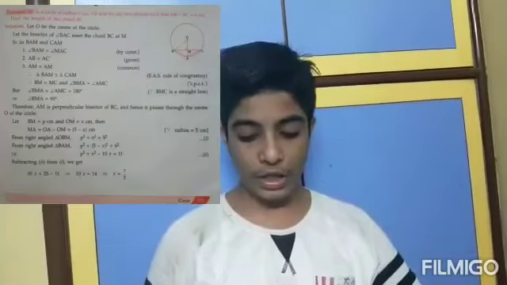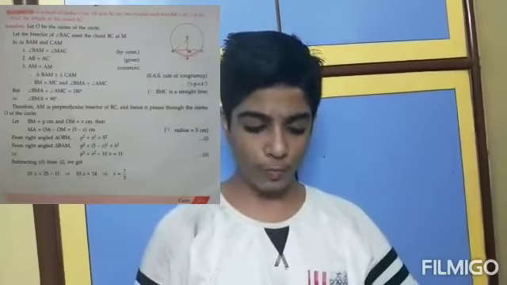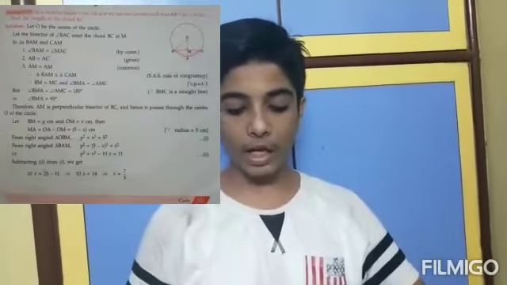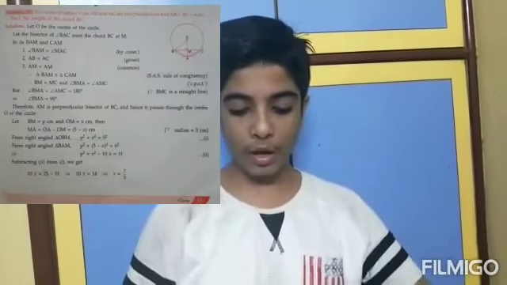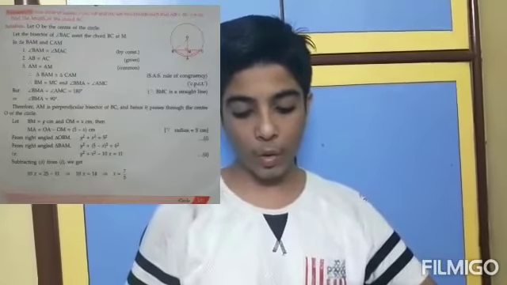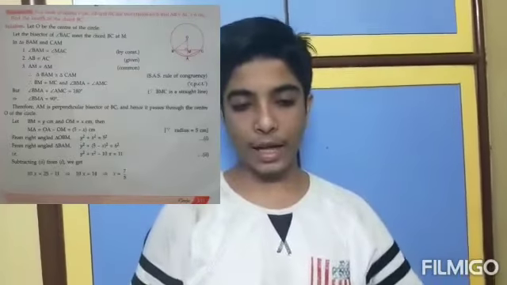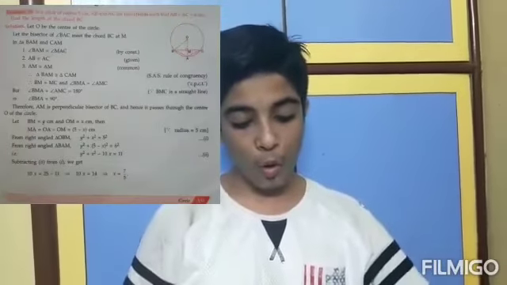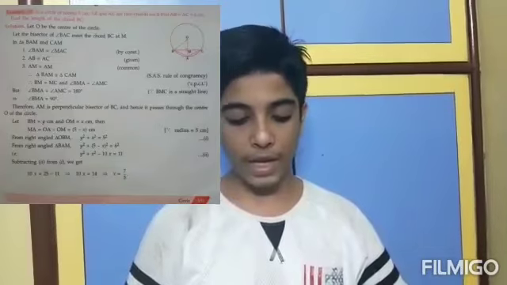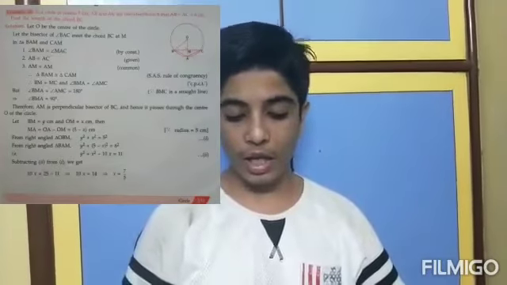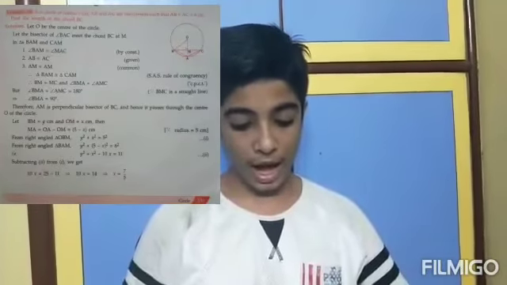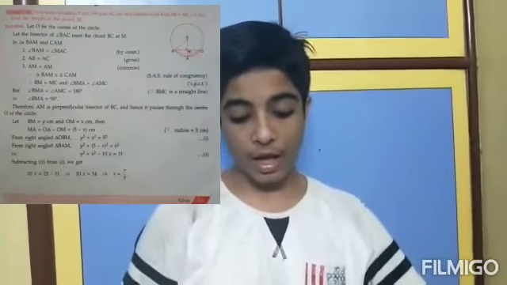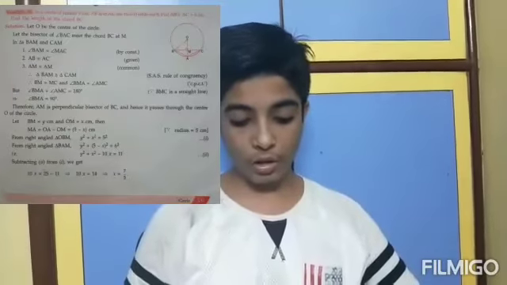So we assume the center of the circle as O, and we bisect angle BAC so that it meets the chord BC at the point M. So we conclude that angle BAM is equal to angle MAC, and AB is equal to AC, and AM is equal to MA.